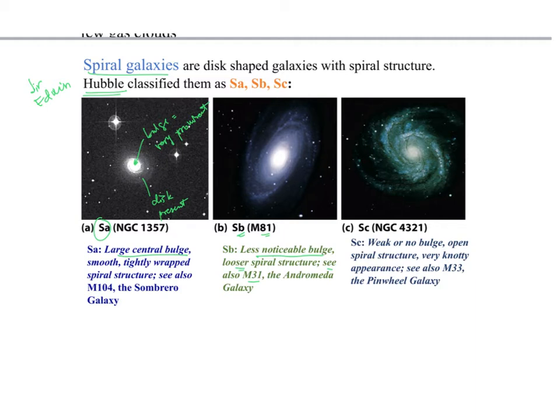Just as a side parenthesis, M comes from the Messier catalog. So we have M1, 2, 3, and so on. Messier was a French astronomer who basically put together a catalog of everything that looked fuzzy.